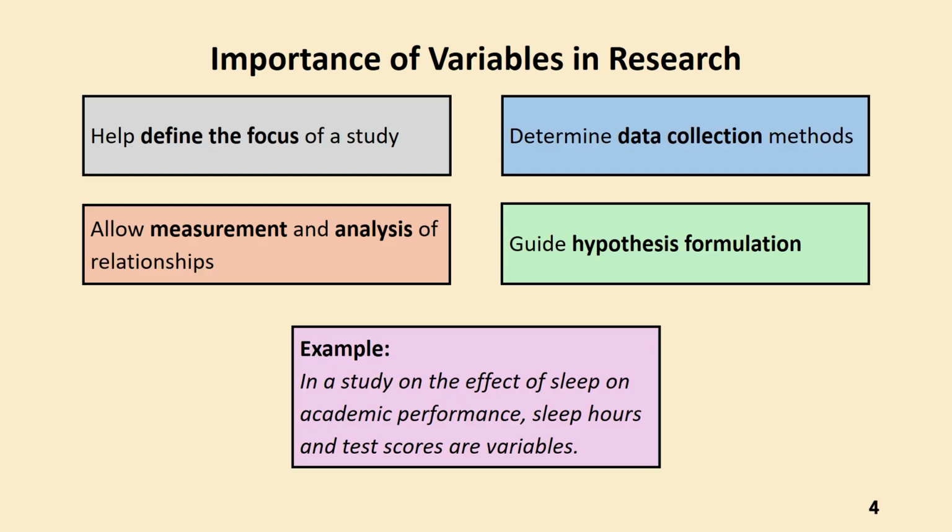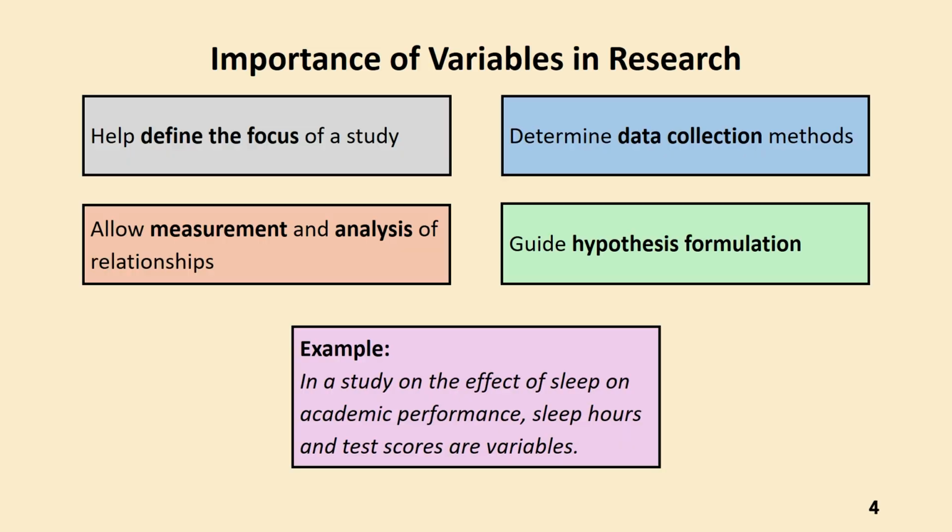Now some other researcher may form it in other ways also, but it is interesting and important that whosoever forms a hypothesis here has to consider these two variables, that is sleep hours and test score. How much an individual sleeps within a day and how test scores are affected. So this is how we identify and define our variables in research.